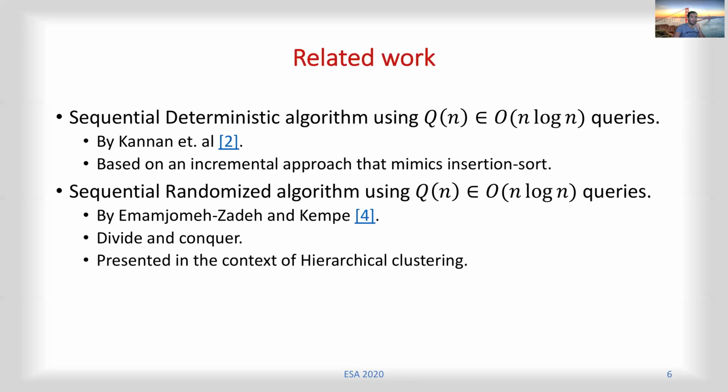The second one is by Imamjomezadeh and Campbell, and it also has a quasi-linear number of queries, but it was designed for another context, also known as hierarchical clustering, where the goal is to provide a hierarchical grouping structure of the objects according to their similarity.